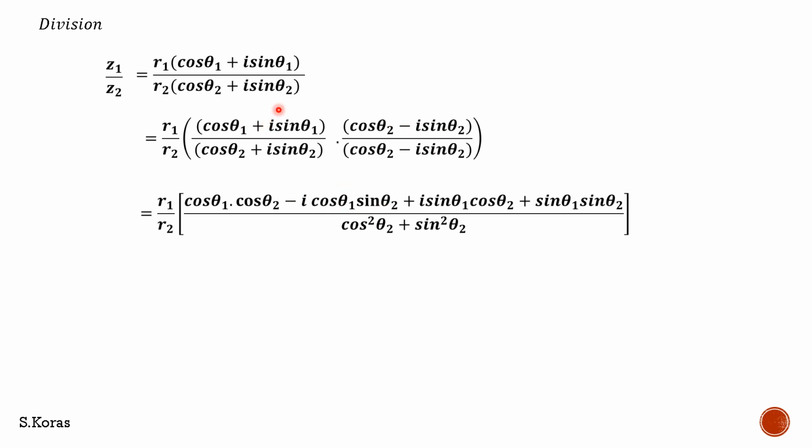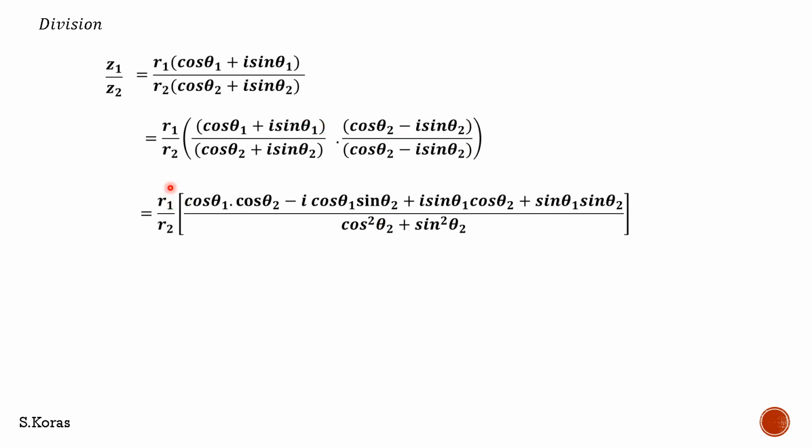Then plus I sin theta 1 into cos theta 2, plus I sin theta 1 into minus I sin theta 2. I square value is minus 1, so minus into minus becomes plus, sin theta 1 into sin theta 2.